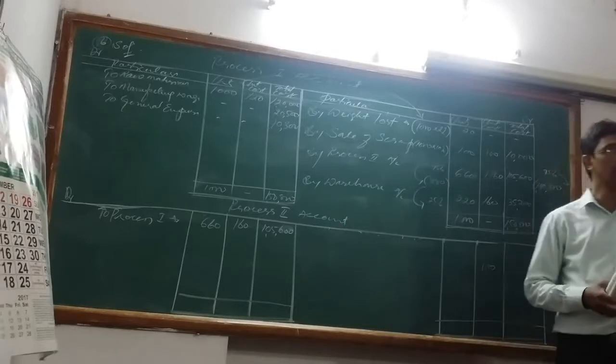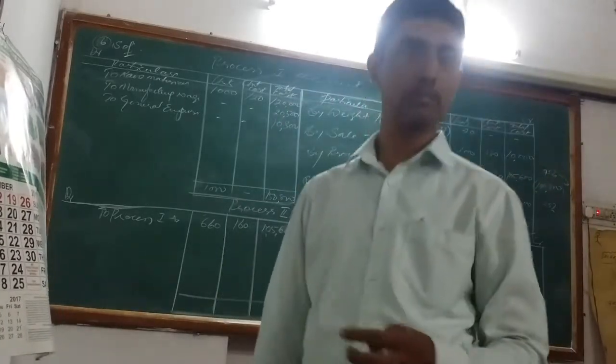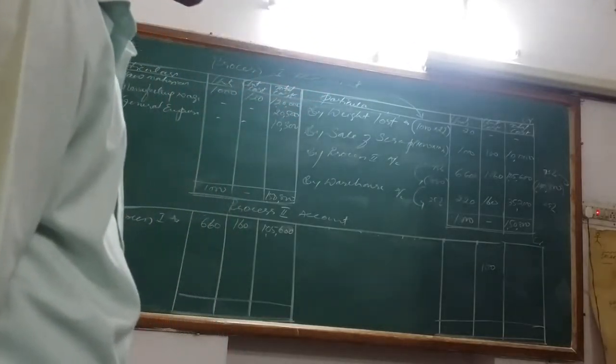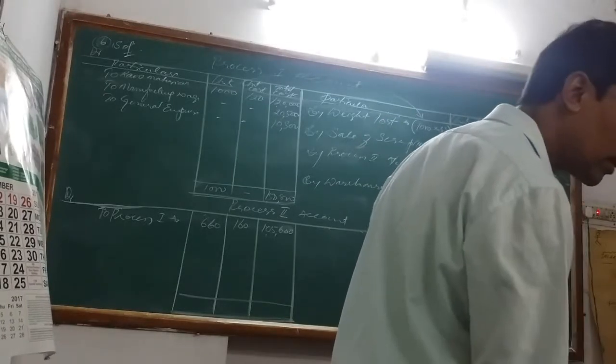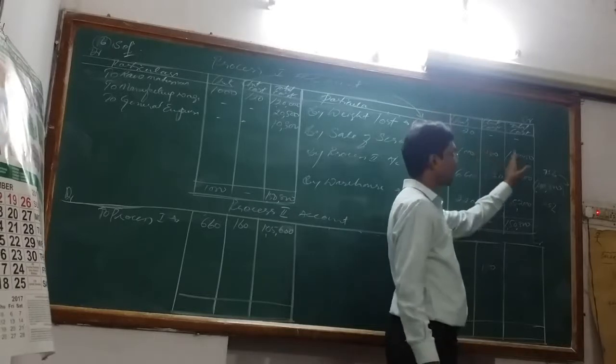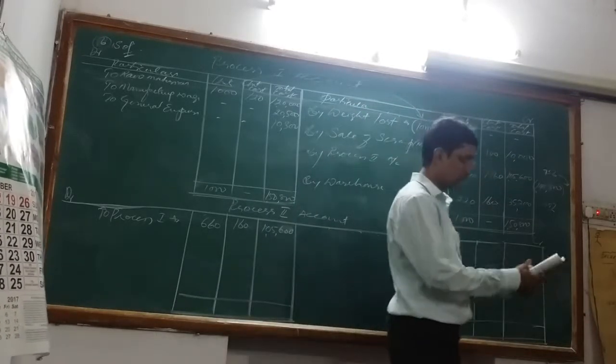Now we have to begin process 2 account. Multiply them, you will get this, and this 100 is given here.